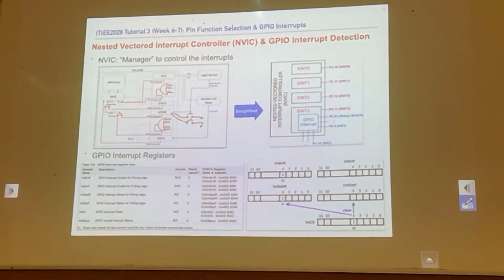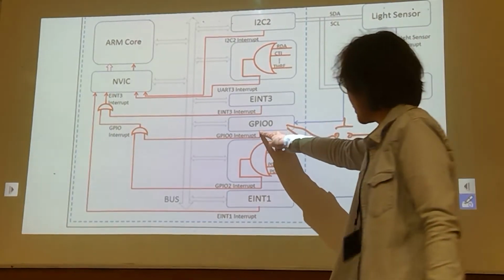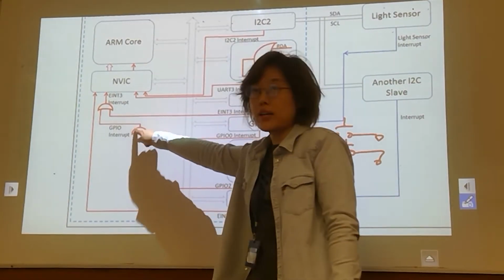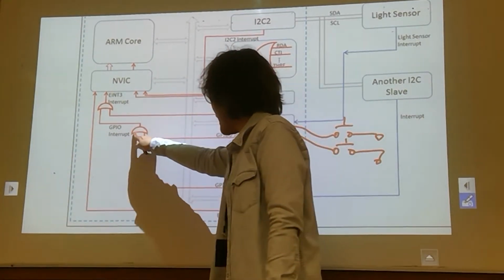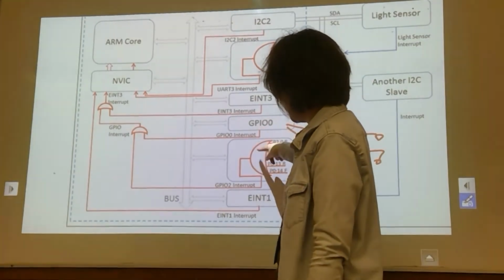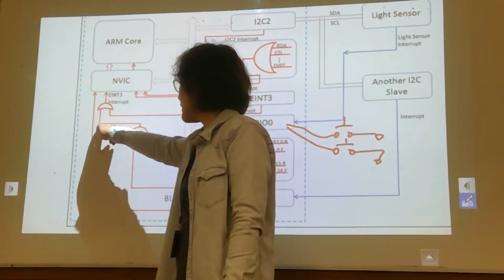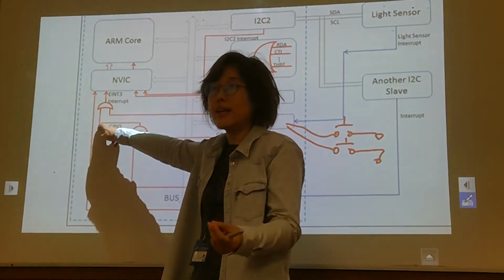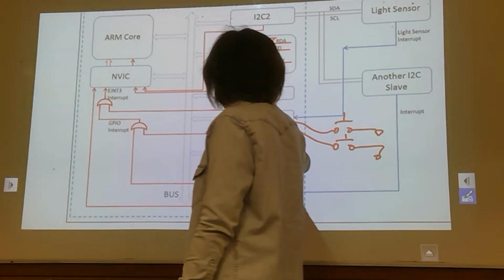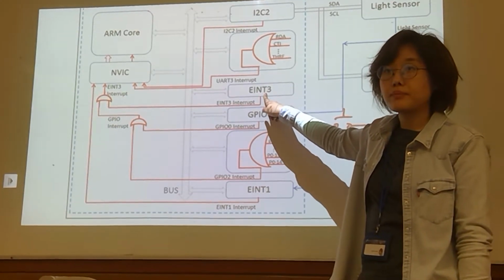If you look at this carefully, you see this interrupt going to the NVIC. Can you see that there's an OR gate here? There's another input to the OR gate, which is another GPIO. Here I basically summarize all the GPIO devices. And there's another OR gate here, coming from ENT3.